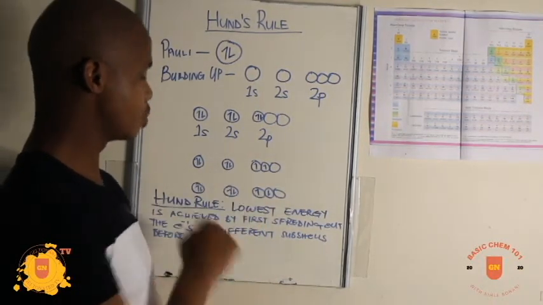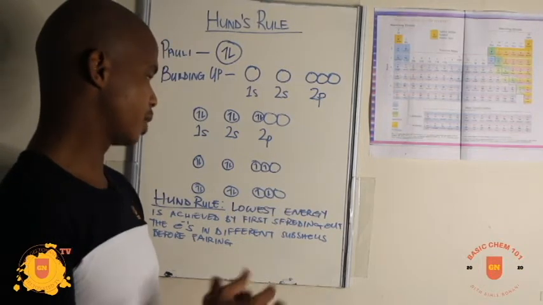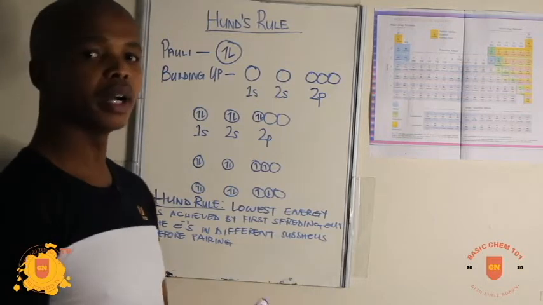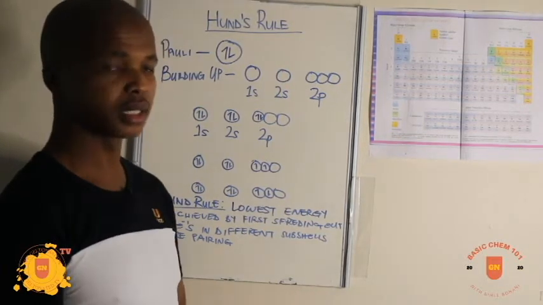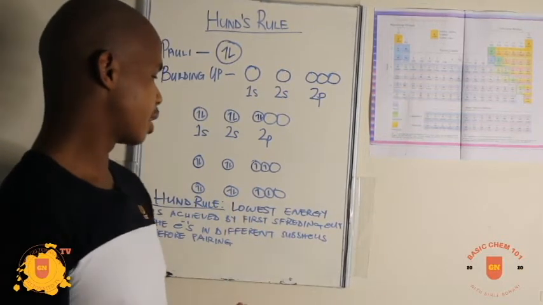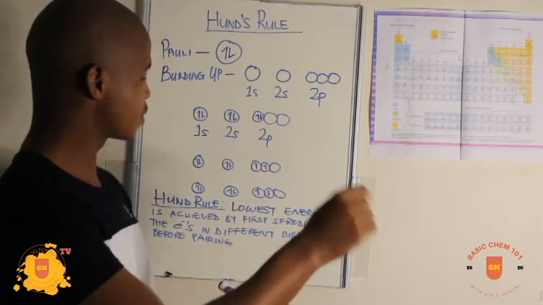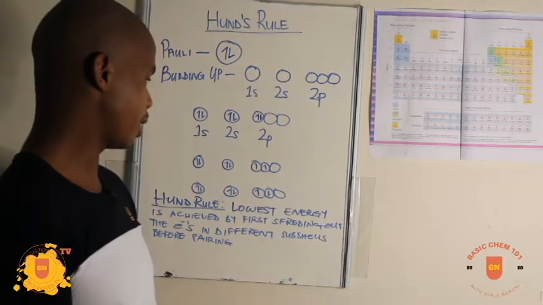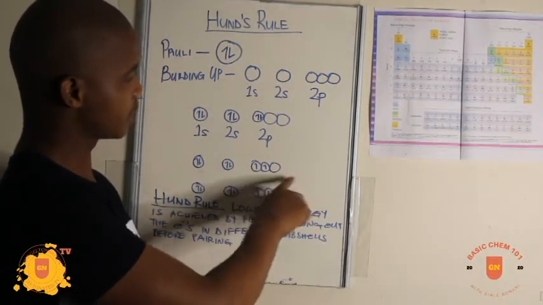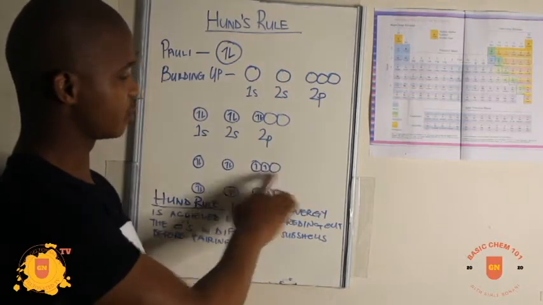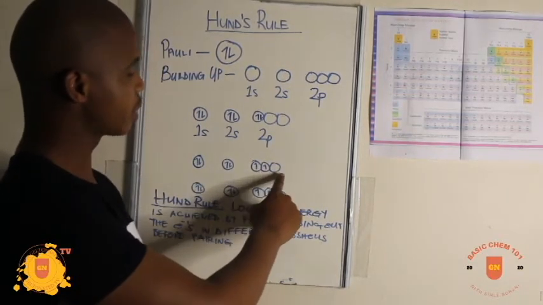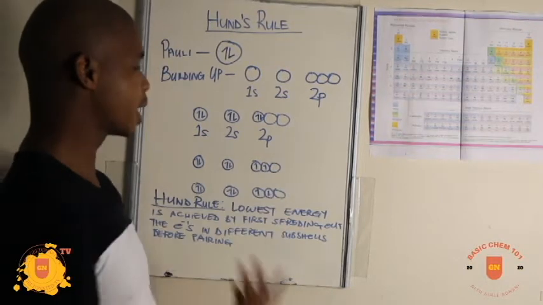But when you get to the 2p, or to subshells that have more than 1 orbital, you have to spread the electrons out first before you can actually pair them. In this case, you only have 2 for the 2p, so you have to put 1 here, and then you are done.